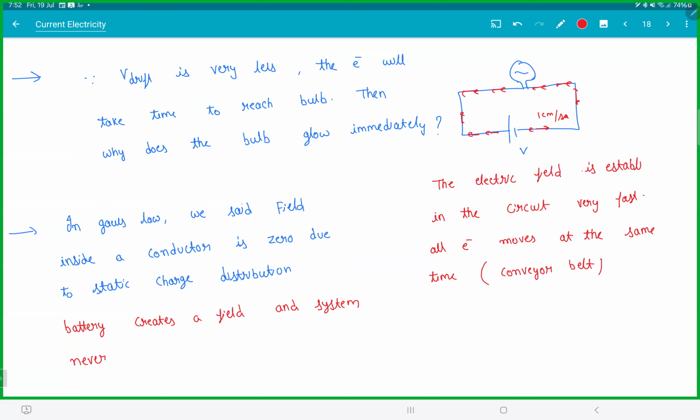The system never gets a chance to induce charges. They all reach a constant velocity. So the main phrase is this: due to static charge distributions. Here there are no static charge distributions, so a field inside a conductor can be there.